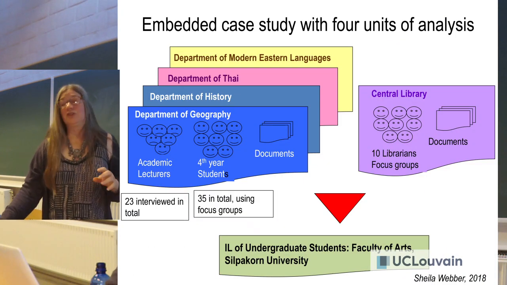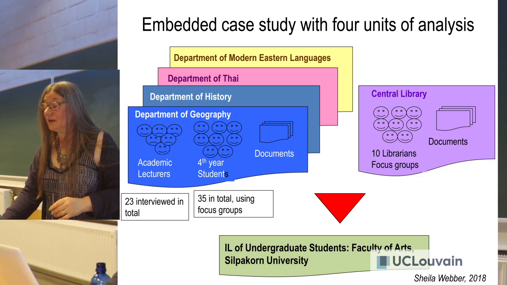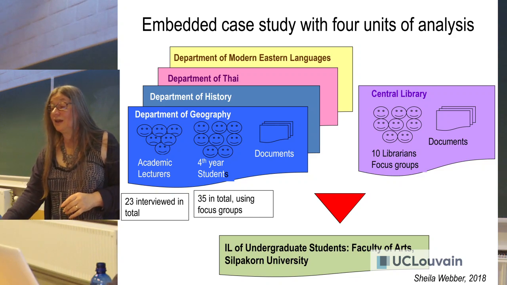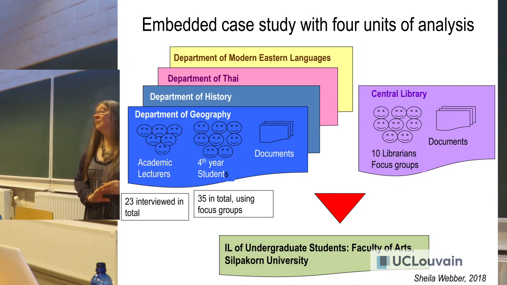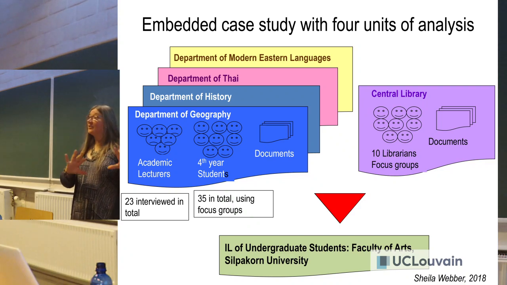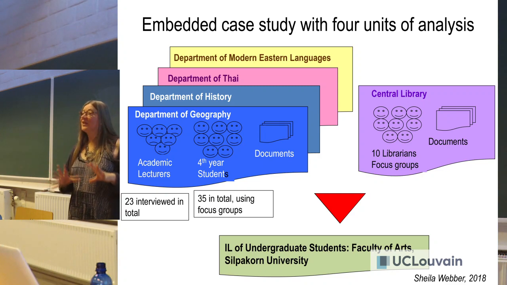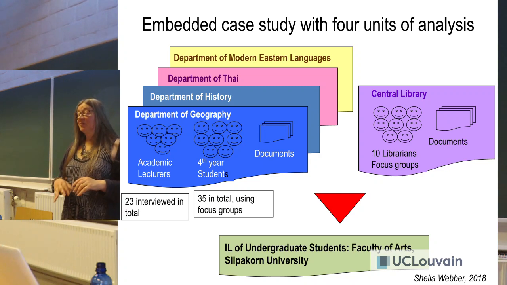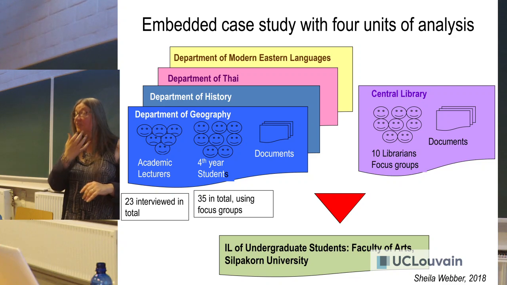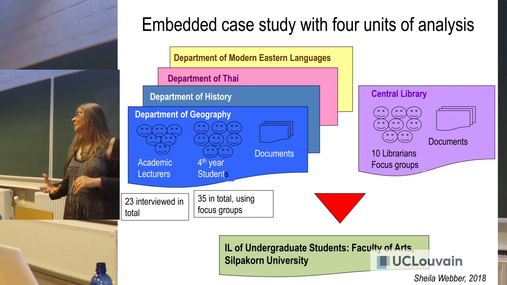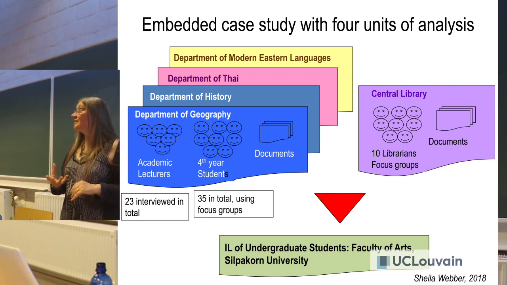And she came up with a specific definition and also a list of attributes. There was quite a lot of agreement between the students and the lecturers about what information literacy ought to be and what they needed. And it was to do with attitudes, research skills, generic skills, and again, English came up as an important aspect, even in Thai studies.